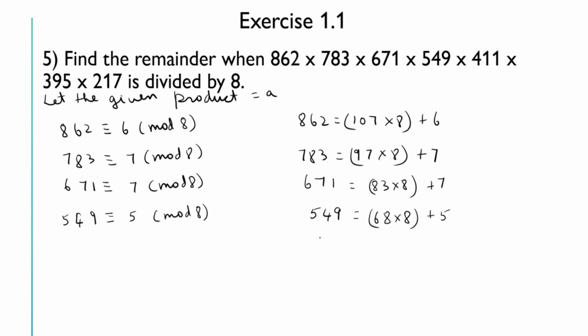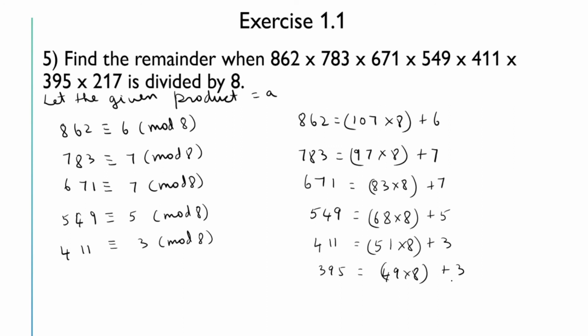The next number is 411. When we divide 411 by 8, we get quotient as 51 and the remainder as 3. So we have 411 congruent to 3 mod 8. The next number is 395. When we divide 395 by 8, we get quotient as 49 and remainder as 3.